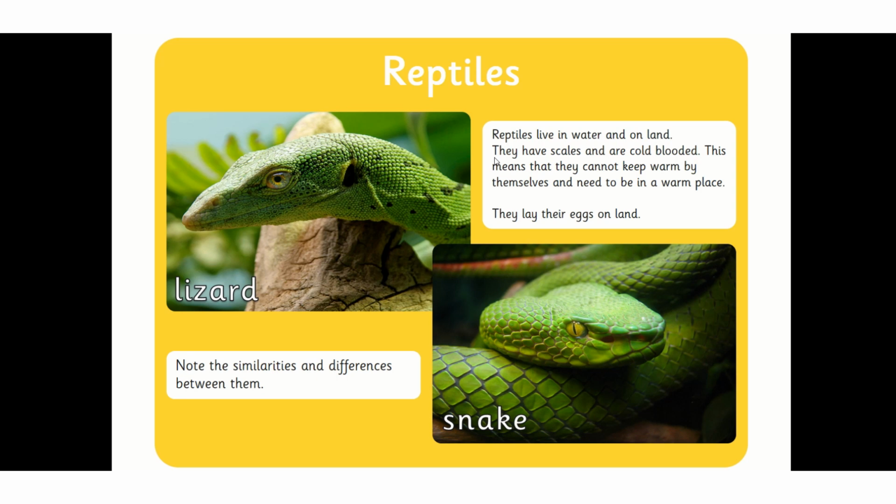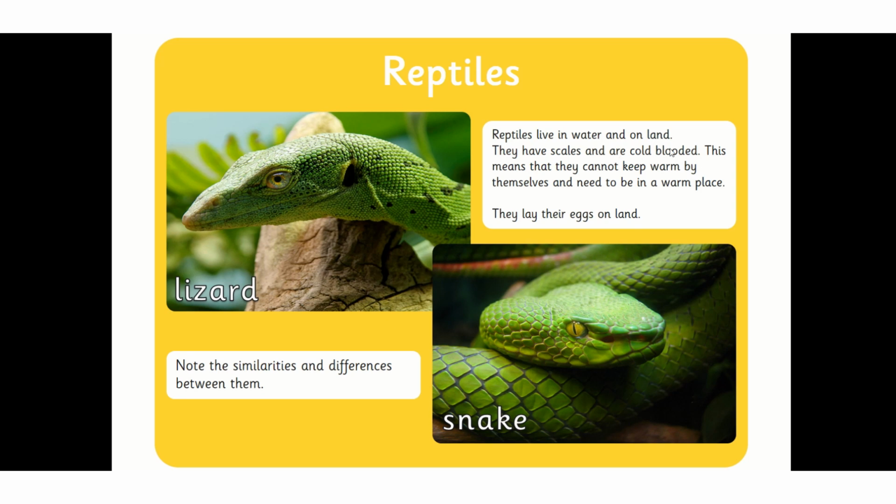Now, this sentence says, they have scales and are cold-blooded. So if you look at the skin of a snake or the skin of the lizard, you can see lots and lots of tiny scales, little areas of skin next to each other.